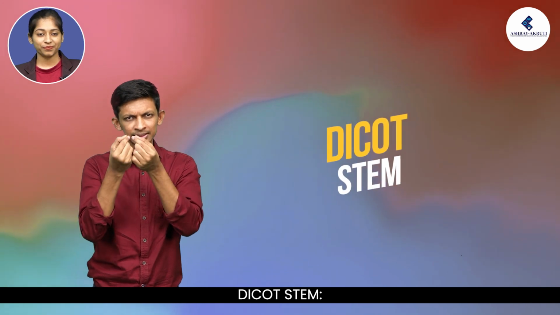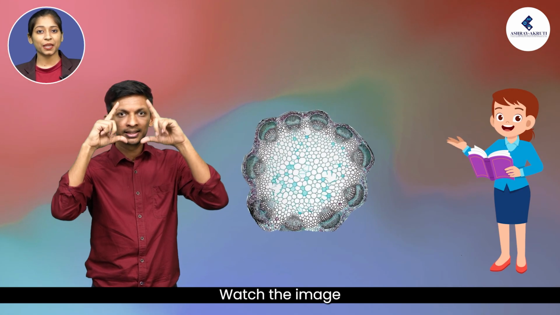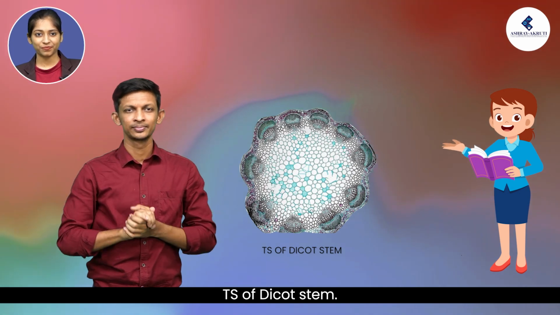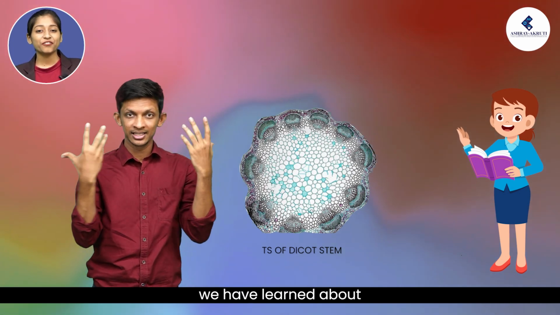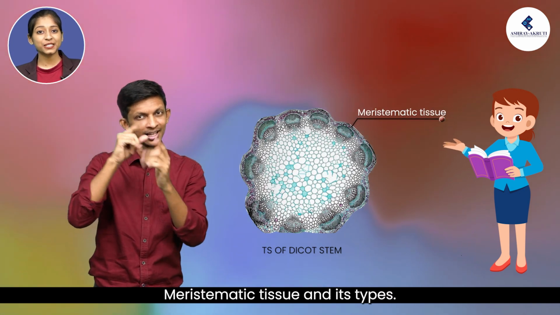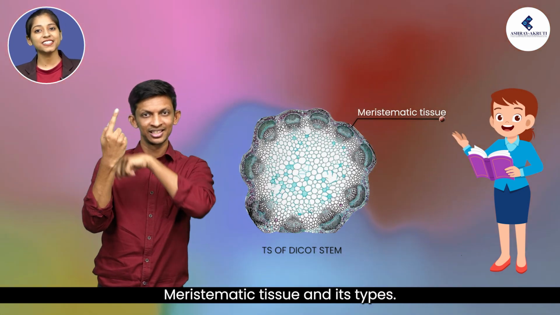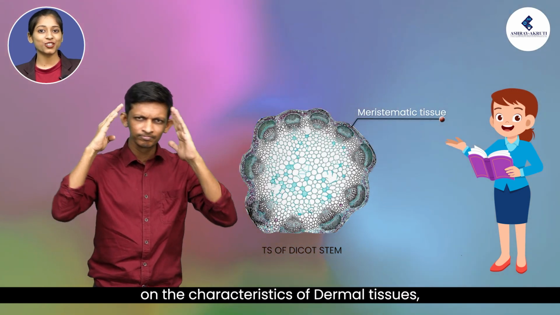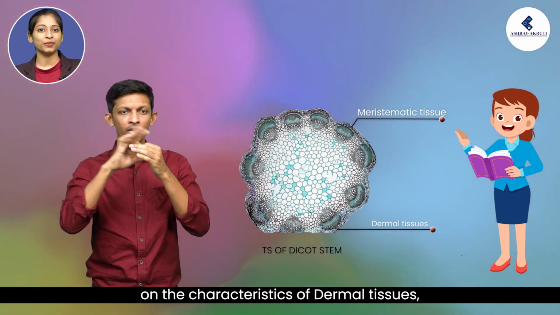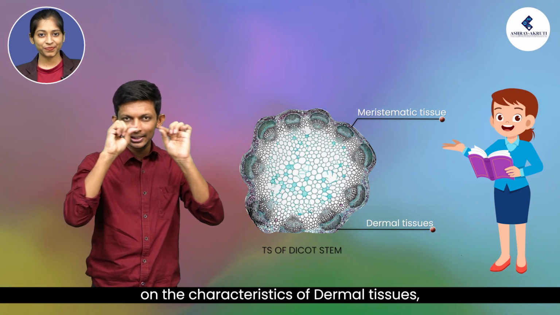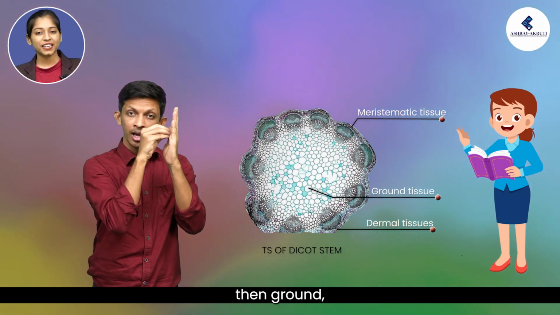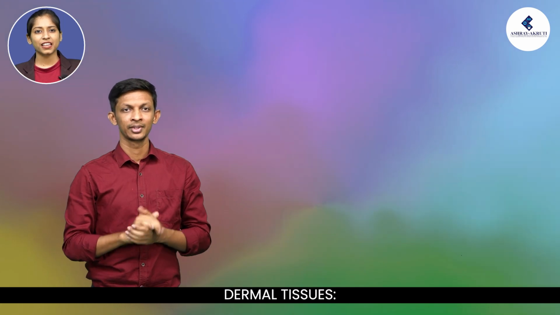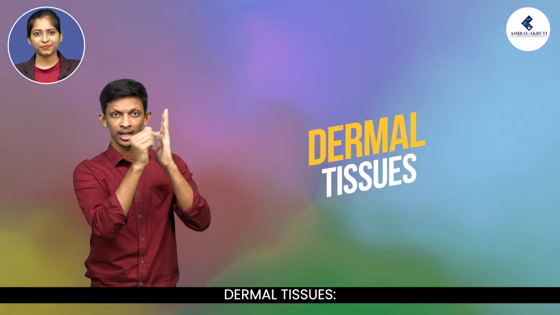Dicot stem. What's the image? TS of dicot stem. Already we have learned about meristematic tissue and its types. So, now focus on the characteristics of dermal tissues, then ground, and then vascular tissues. Dermal tissues.